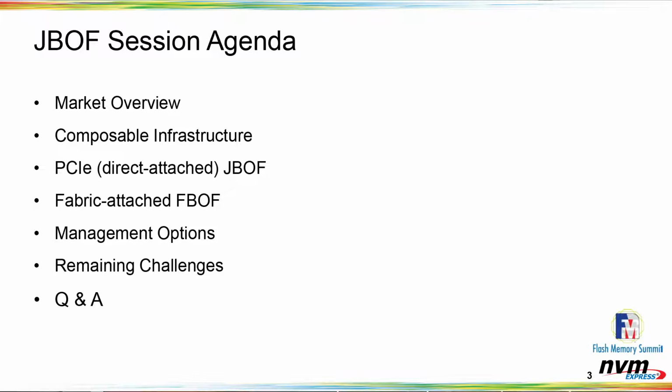The other is a fabric attached version of that. And then we'll finish up with some management options on how you use these in that composable infrastructure, talk about some of the remaining challenges, and then again, finish up with Q&A. So with that, I'll turn it over to Nishant to kick this off.